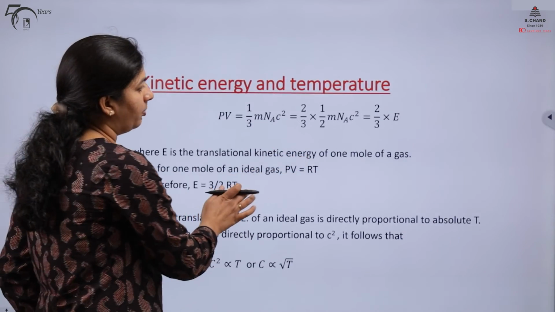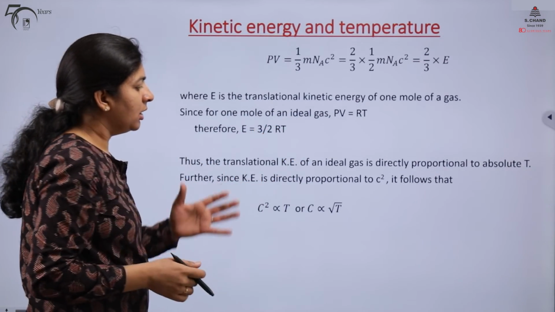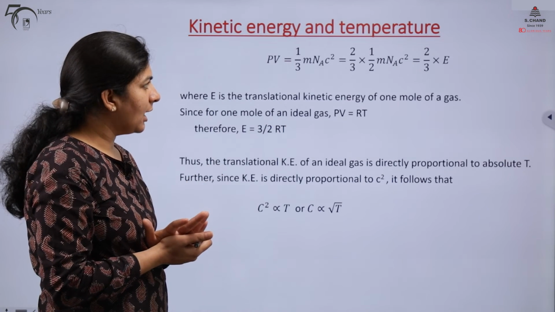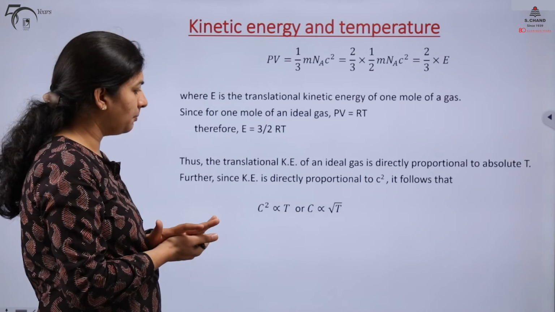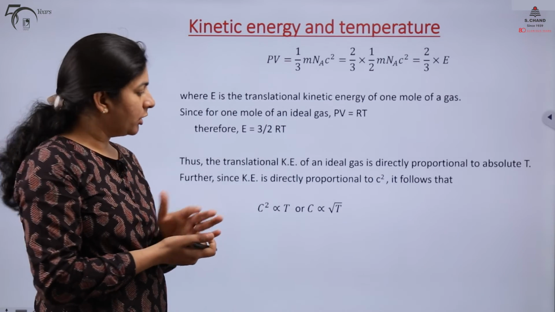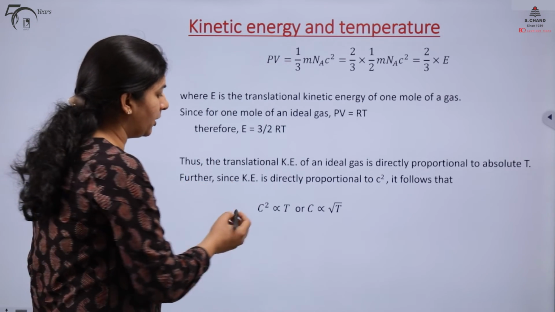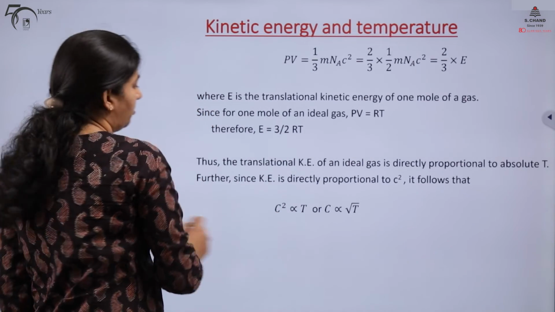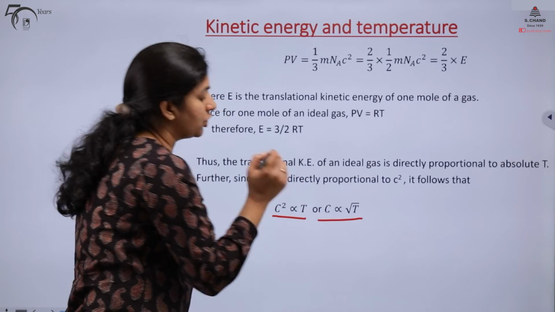What role does it play in deciding the nature of distribution curves? So let us now understand the effect of temperature on molecular velocities, or the quantitative relationship between temperature and molecular velocities, or temperature and kinetic energies.